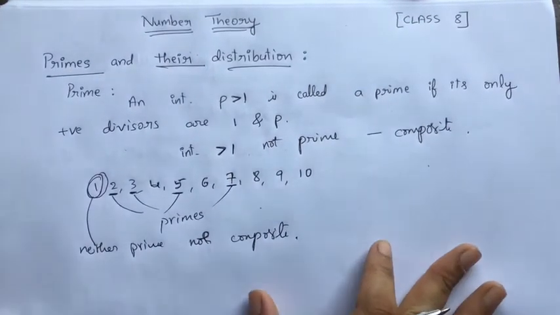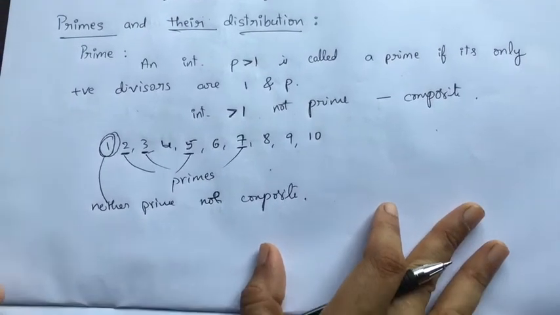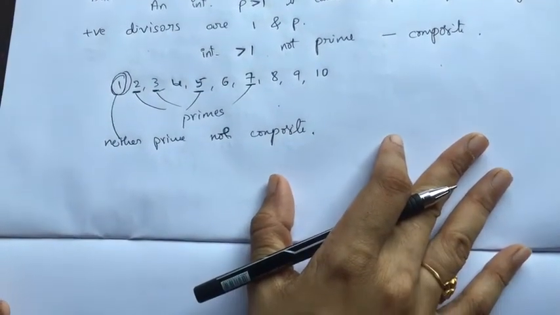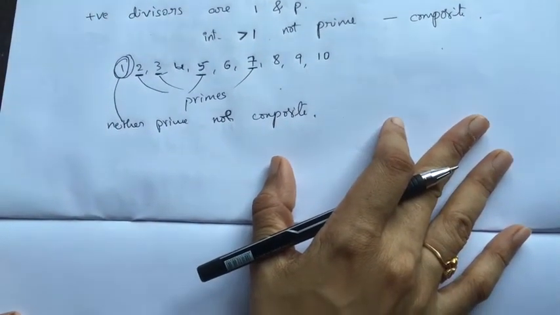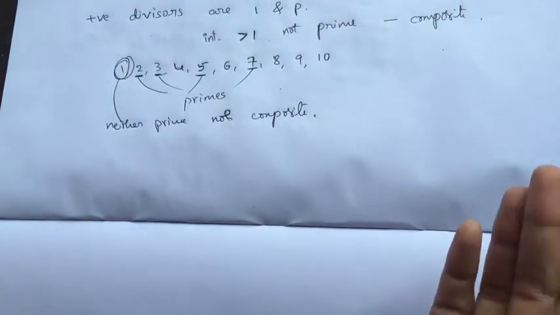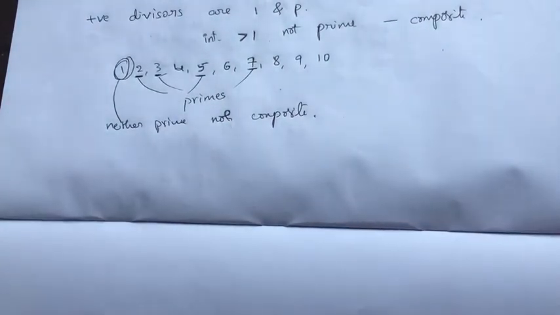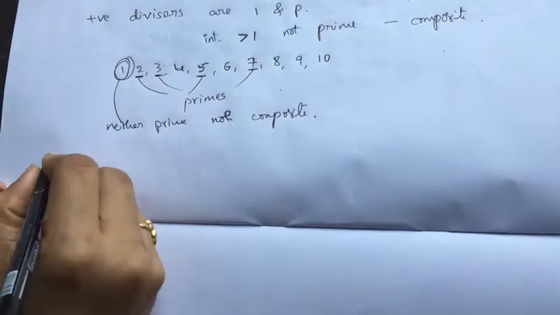If p is a prime and p divides ab, then either p should divide a or it should divide b. So let us look at the theorem.